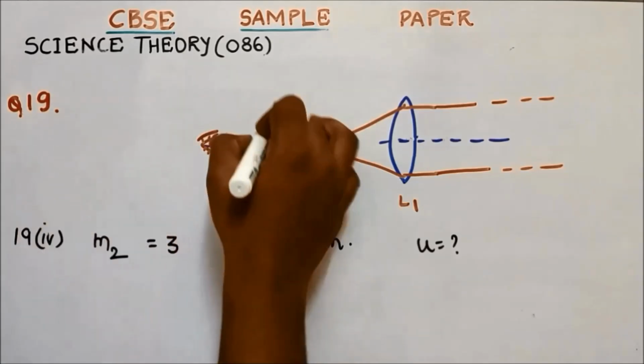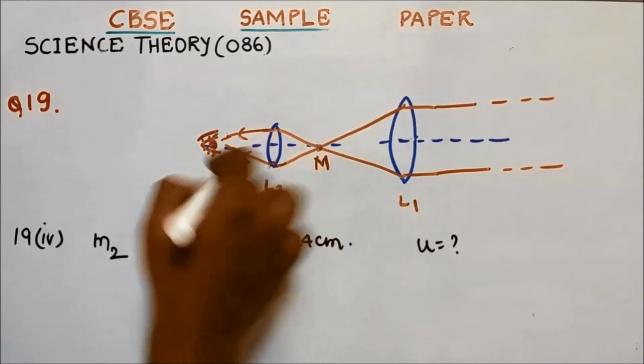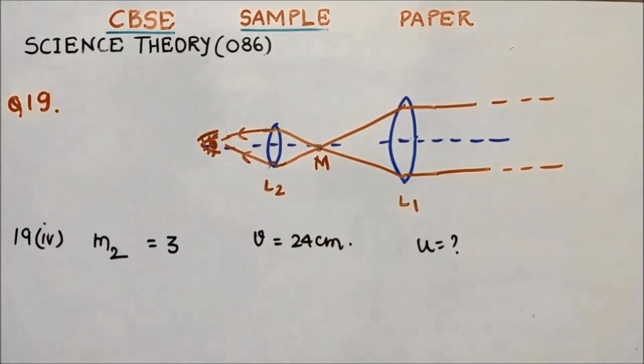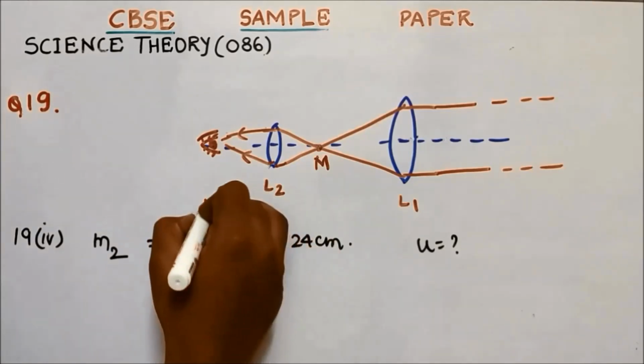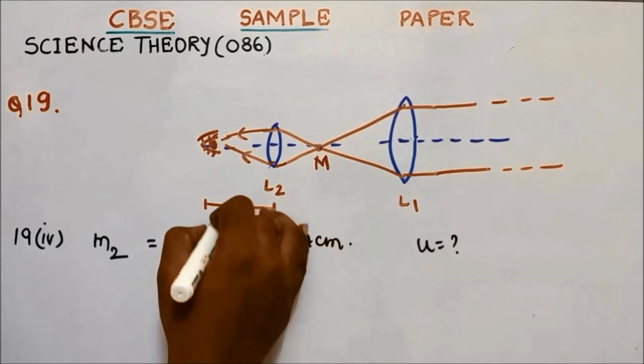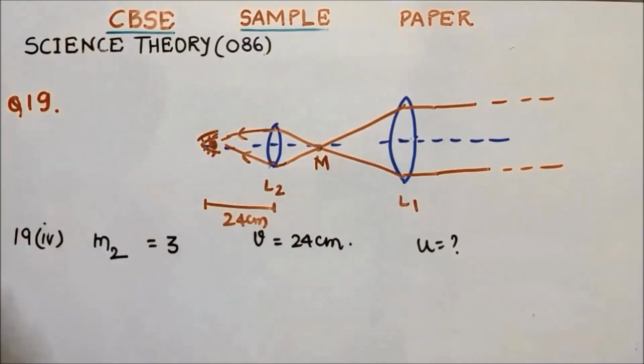They should not be parallel, okay? They should meet where the viewer is located. So the viewer is at 24 centimeters on the left of the second lens, right?